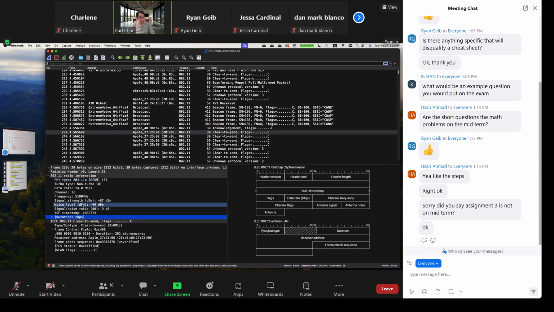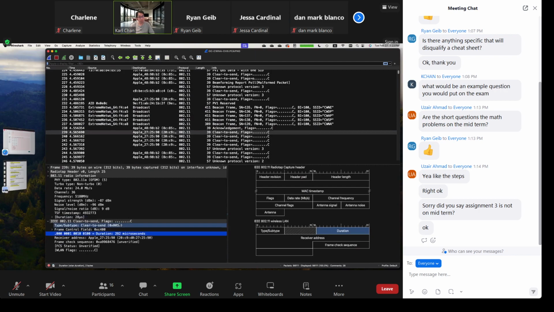Is that clear? This 802.11 radio information is collected by the hardware. This is not the 802.11 frame. However, in the frame we can see the duration field, which indicates the time we should treat the medium as busy. Is that clear?